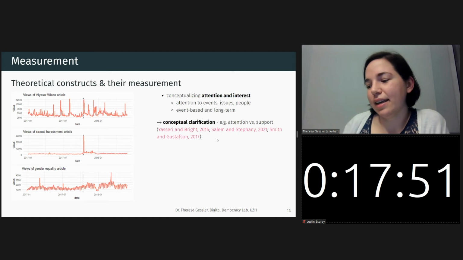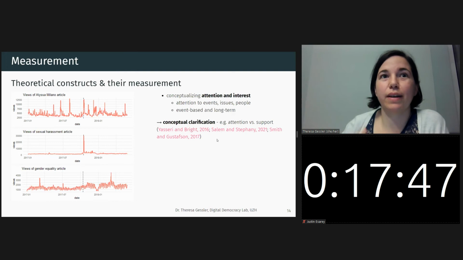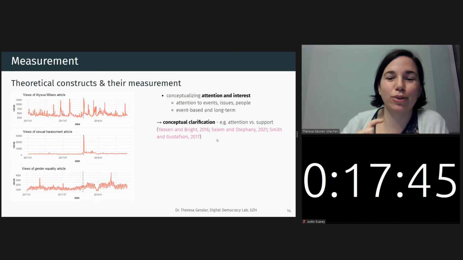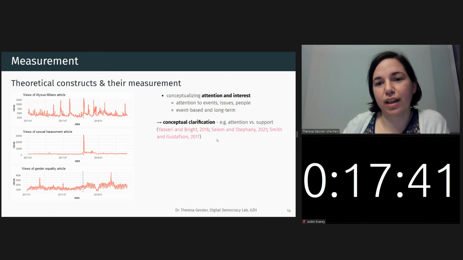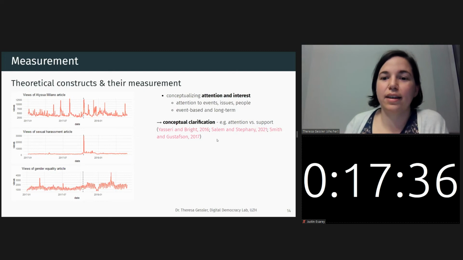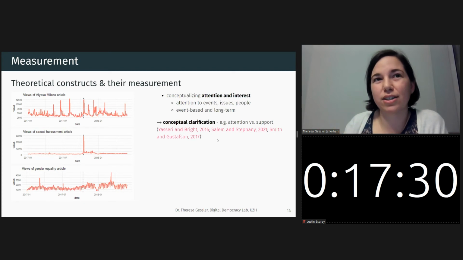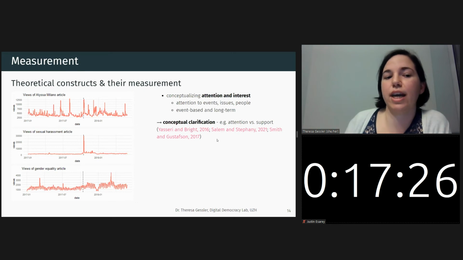By considering this, building it into the concept that we want to measure, and reconstructing the process by which the data of visiting a page is generated, we can turn this weakness, that we can't measure attitudes, into a strength: we can measure the considerations that people make on the way to potentially changing their vote.